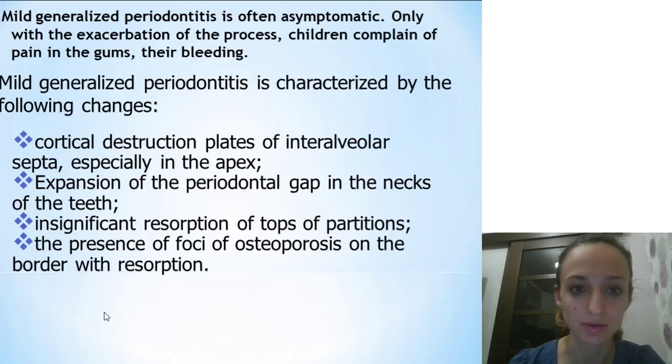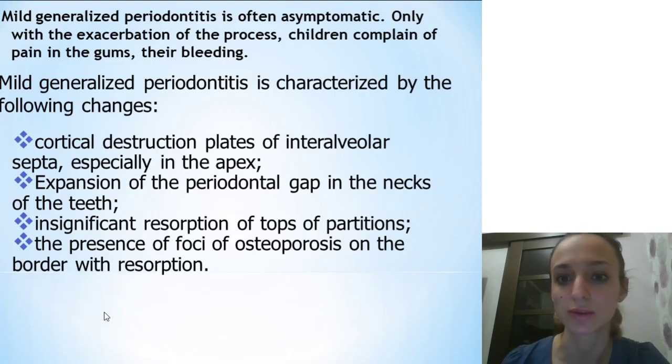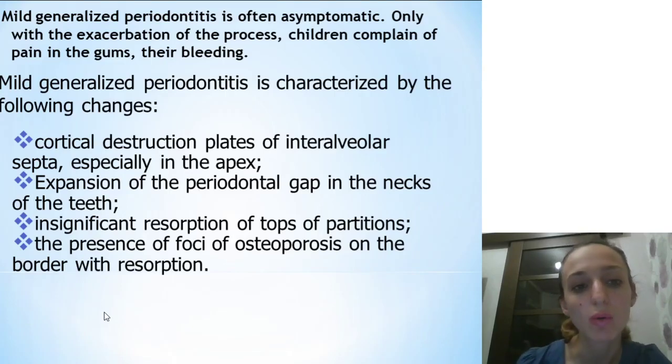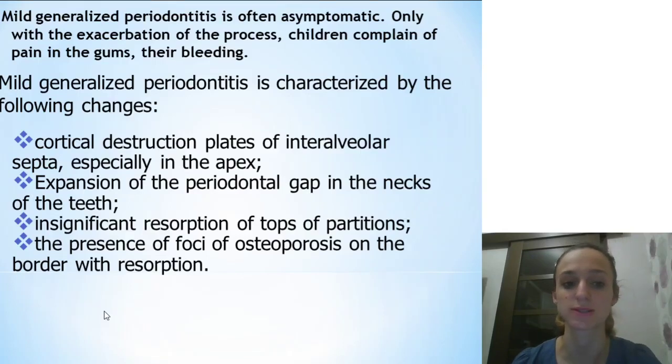Mild generalized periodontitis is often asymptomatic, only with the exacerbation of the process. Children complain of pain in the gums and they are bleeding. And a mild generalized periodontitis is characterized by the following changes.